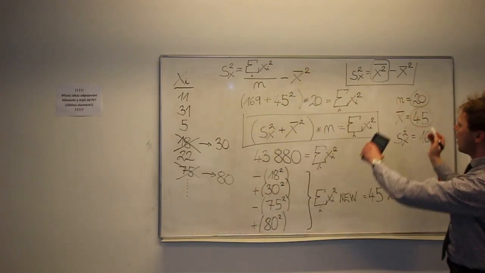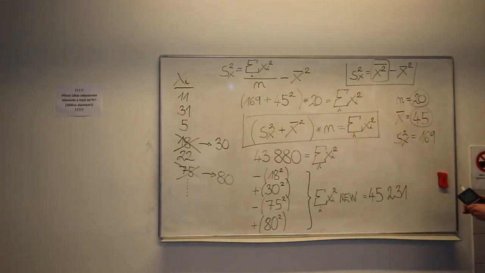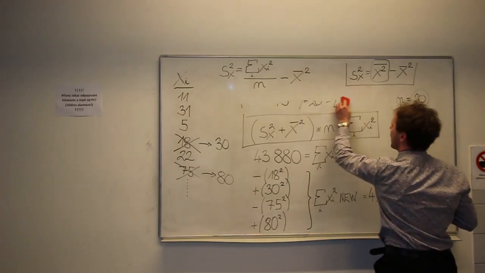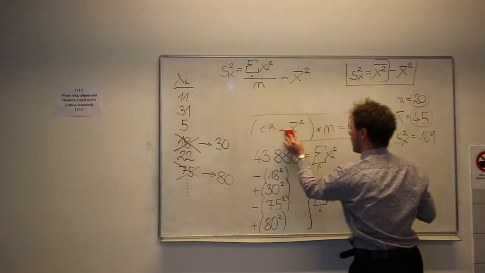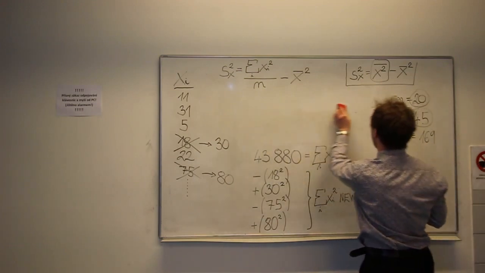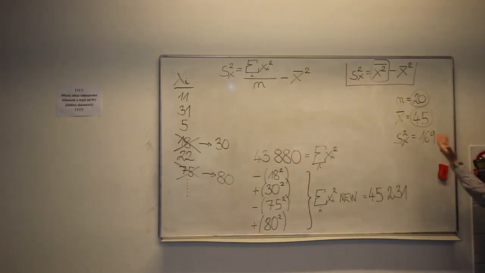Yes, this formula was written here a few minutes ago. So we need more space, so I will delete this, and we will calculate the new value of the variance.